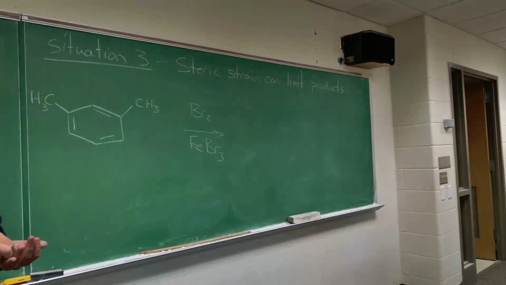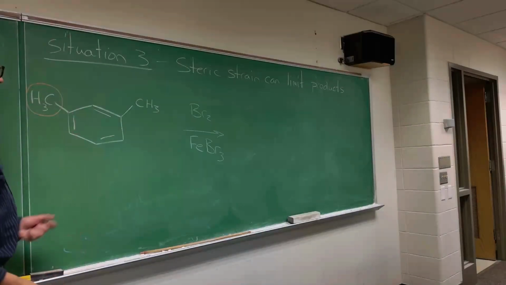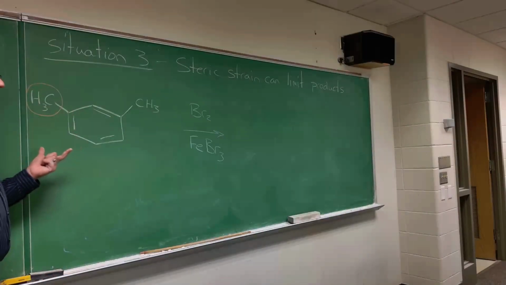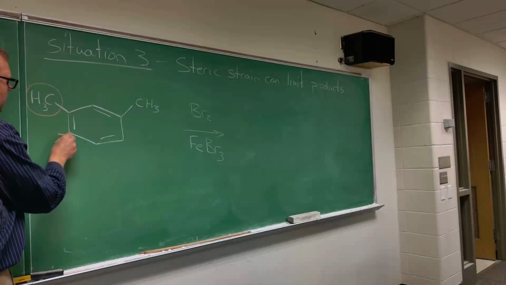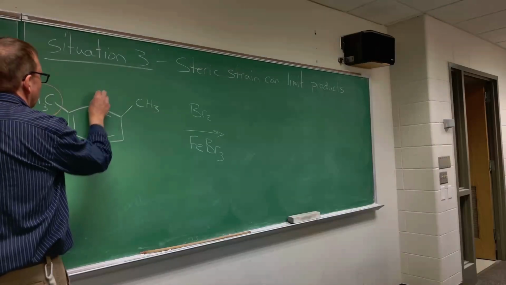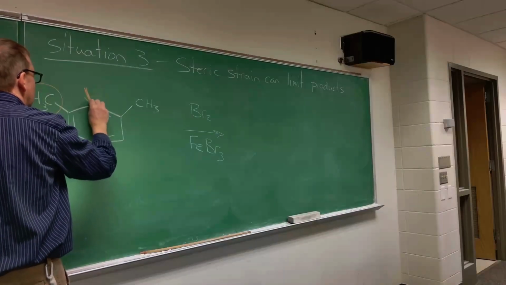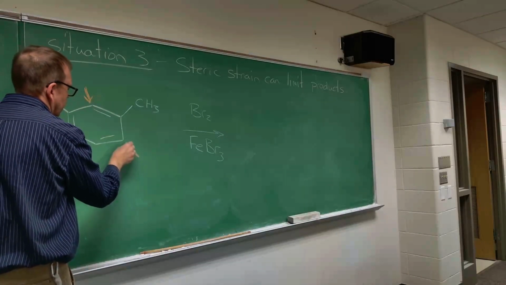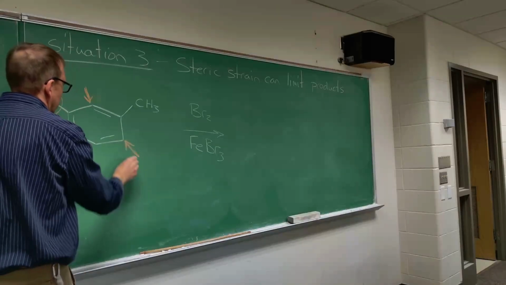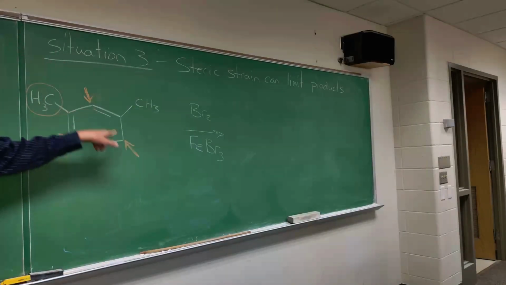Well, let's consider both of them. This methyl group is ortho-para-directing. So it's going to want the reaction to happen ortho, ortho, and para relative to it. I'm just identifying all the positions that it puts partial negative charges on.